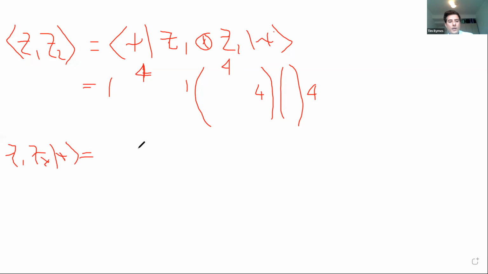This is the way that I would do it. I'm omitting the tensor products.